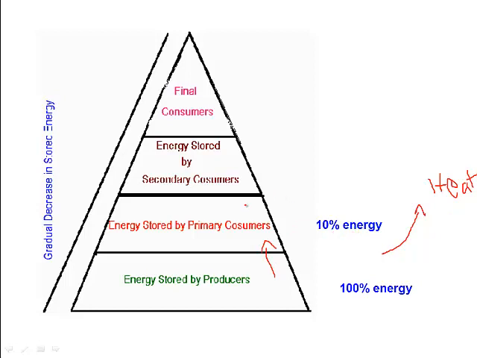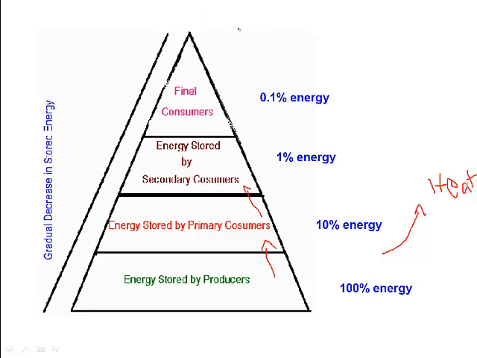Now the secondary consumers, when they eat the primary consumers, so now the energy is going in that direction, they're only going to get 10% of 10%. So that's 1%. So your final consumers up here end up getting only 0.1%. And if you had another level, it's 0.01%.